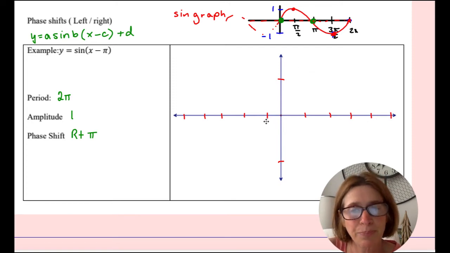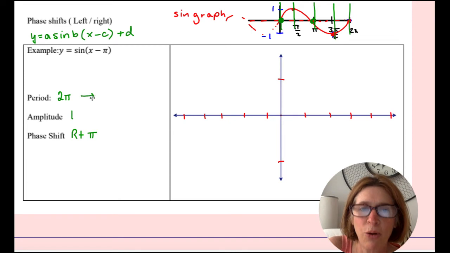Okay, now let's think about this because remember, we still want our nice 4 symmetrical units, okay? So that's why we always want to get our quarter period. So our quarter period is pi over 2. Okay.